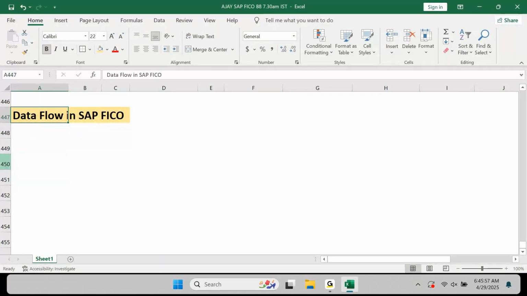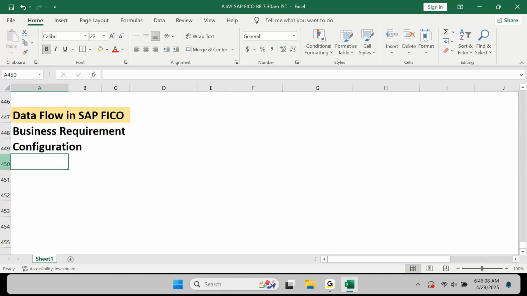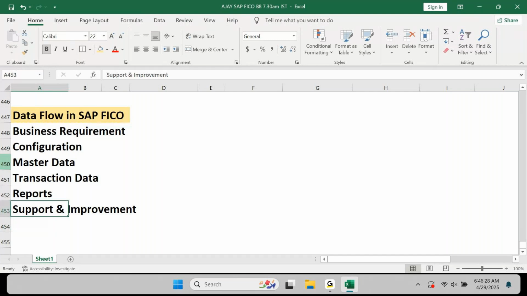Business requirement, configuration, master data, transaction data, reports, and support and enhancement, improvement. This is the data flow, meaning it is like a circle.